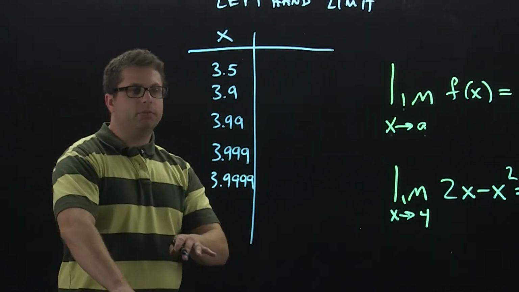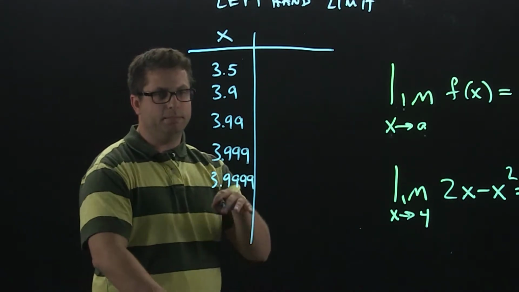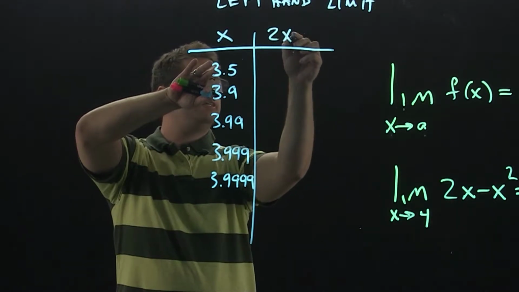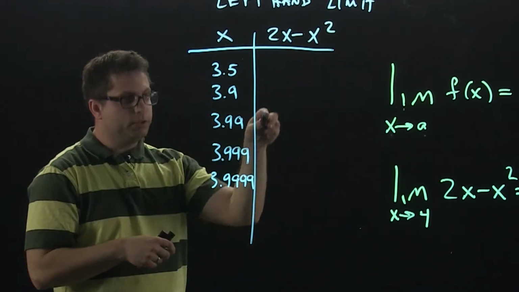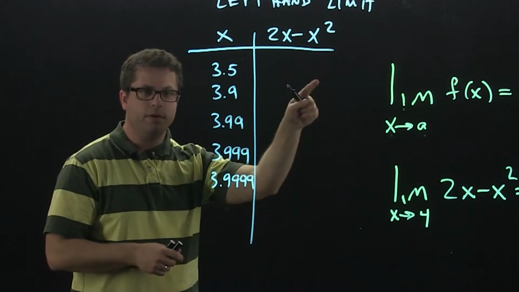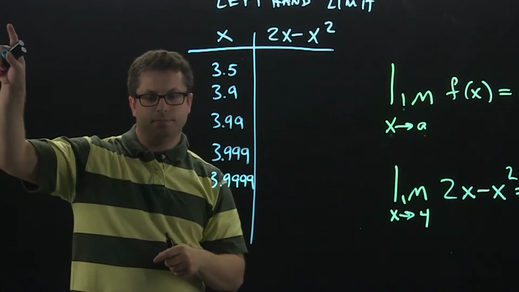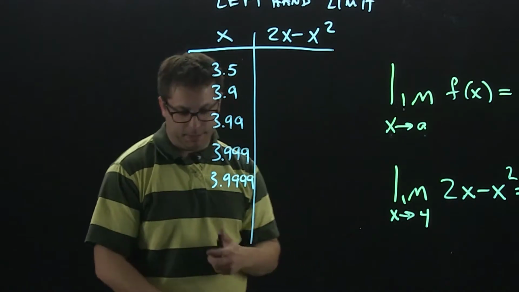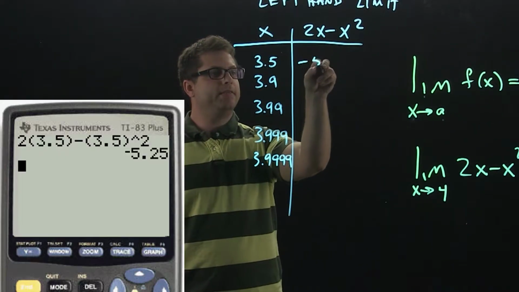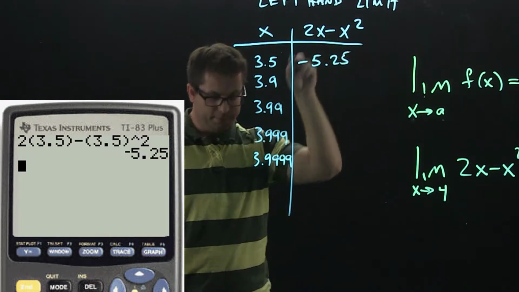All right, so I wrote down the table of values down here. We're going to plug each one of these into 2x minus x squared. When I plug in 3.5, and again, you can type this into a calculator, I get negative 5.25.